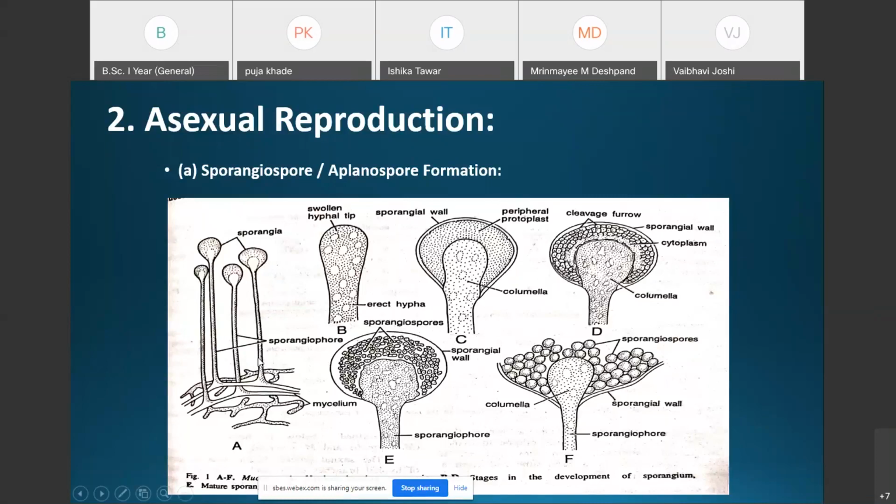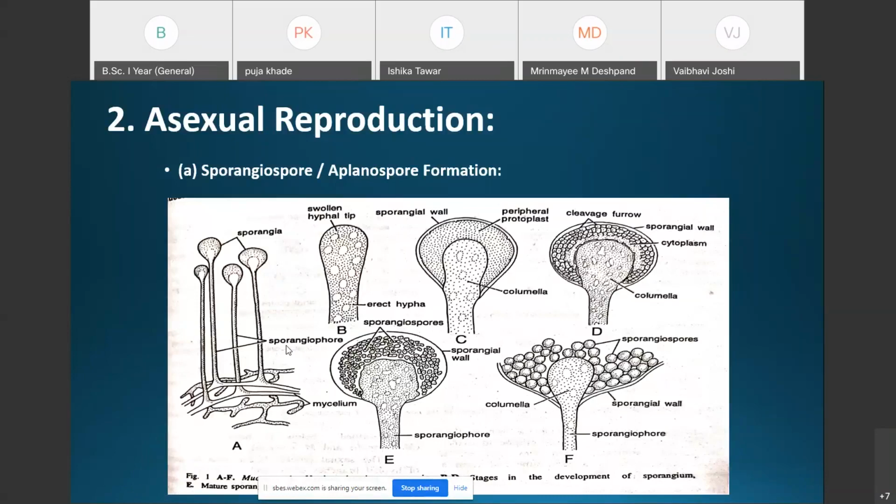You can see these aerial branches, and at their tips there are sporangia, and that's why these aerial branches bearing the sporangia are referred to as sporangiophores. Here these sporangiophores are unbranched, but in some species they may be branched. In such cases, the terminal sporangium is larger than the laterals.